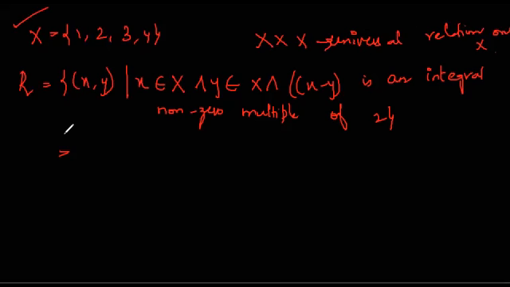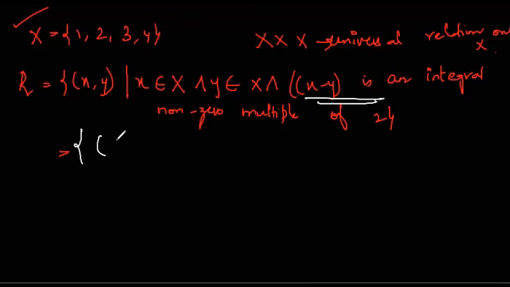Let's see the solution. What is the main condition? The main condition is that x minus y is an integer non-zero multiple of 2. So when we consider (x, y), whenever we subtract, it should be a multiple of 2.